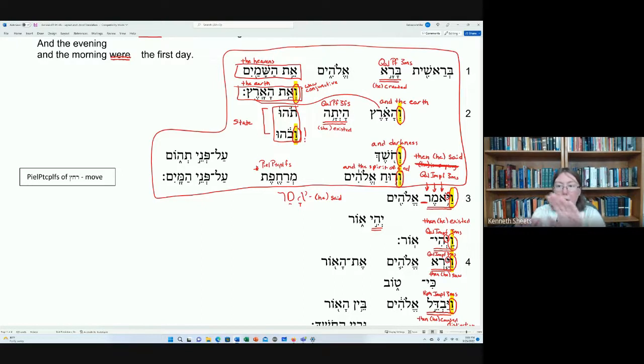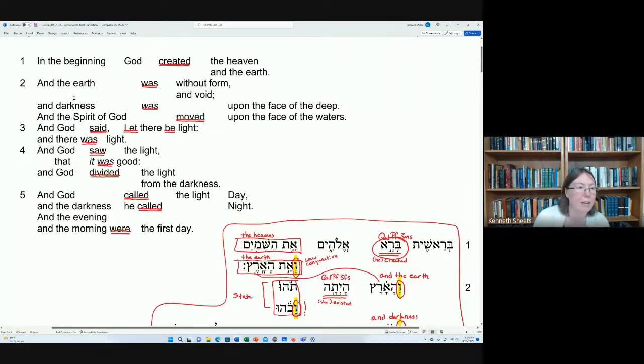In other words, those first two verses are telling us the state of the existence of the earth at the time of this verb right here, he created. So at the time of the creation, when the earth was first created, this was in fact the existence of the earth. So what was the existence of the earth at that time?